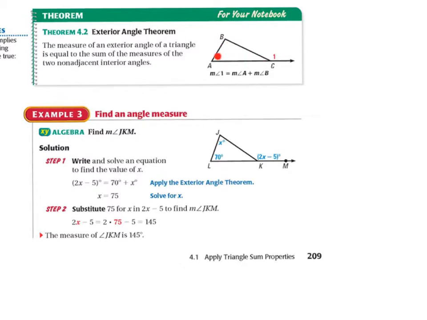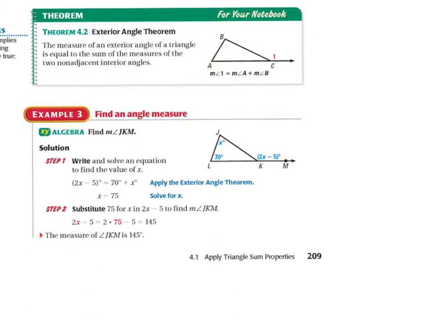We know that the three angles of the triangle are going to add up to 180 degrees. We also know that this angle and this angle are forming a linear pair, so they're going to total 180 degrees. So it makes perfect sense that this angle is going to equal the sum of this angle and this angle.